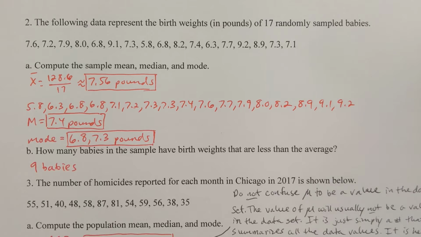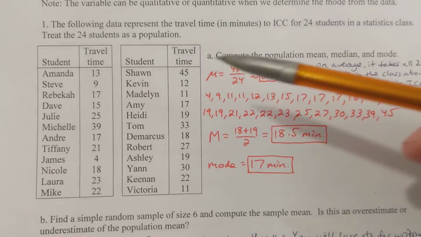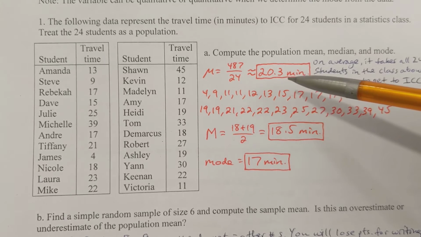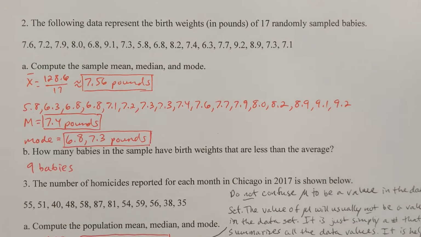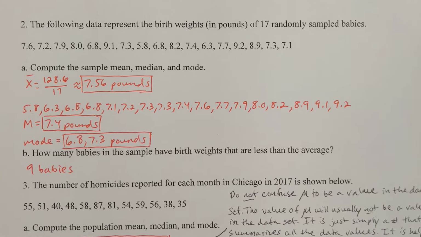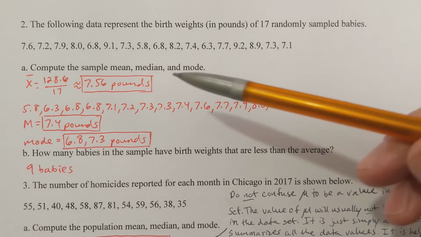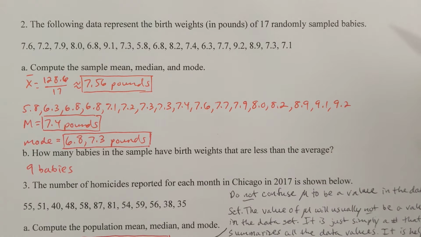If you have whole number values like we did in problem 1, they'll want the mean to go to the nearest 1 digit. So you go a digit past the data values, whatever they are. So I found the mean, 7.56 pounds.